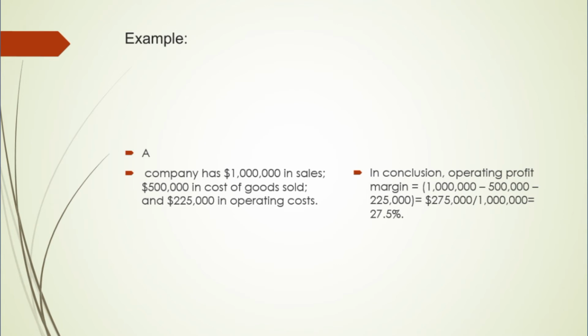The $275,000 is divided into $1 million equal 27.5%. Therefore, this company makes $0.275 or 27.5% before interest and taxes for every dollar of sales.